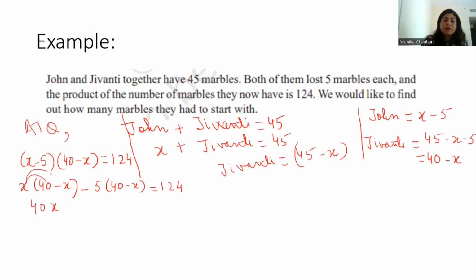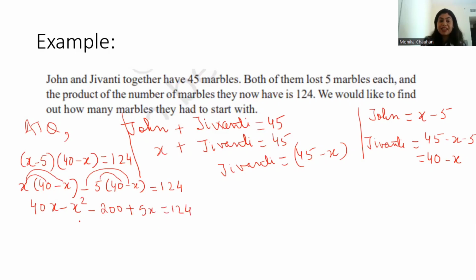Then X with minus X becomes minus X square. Then you multiply minus 5 with 40, and it becomes minus 200. And minus with minus becomes plus. Don't forget, all the rules are used everywhere. So it becomes plus 5x, and it equals 124.